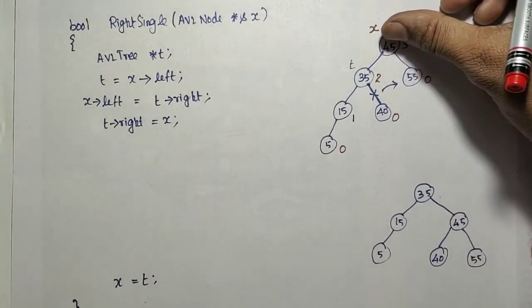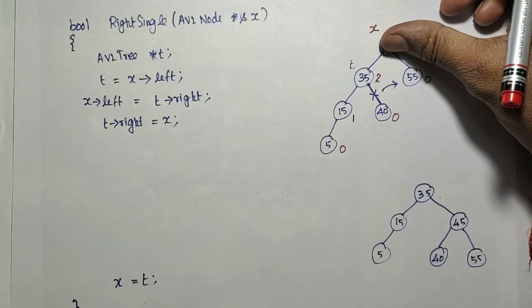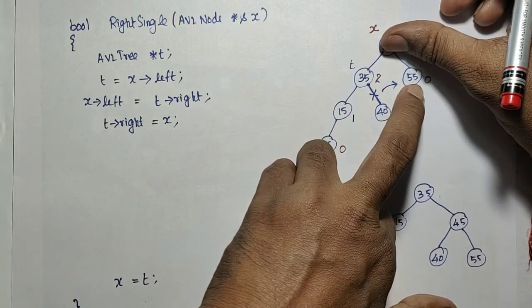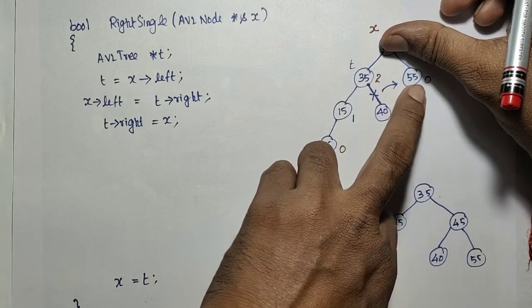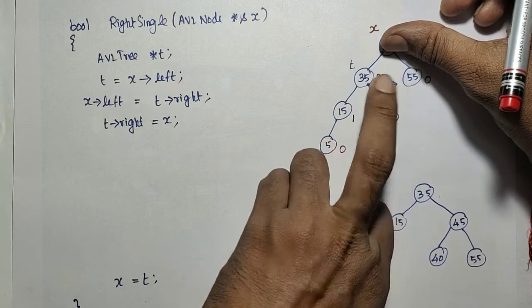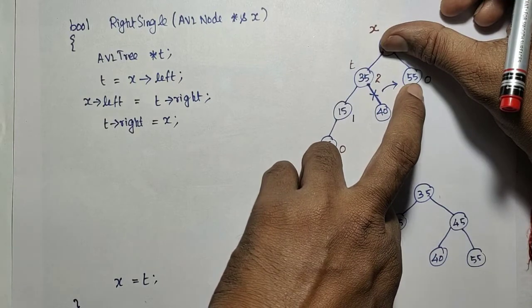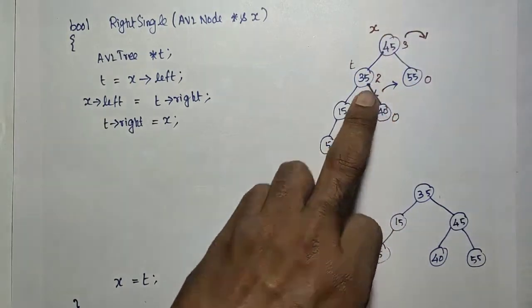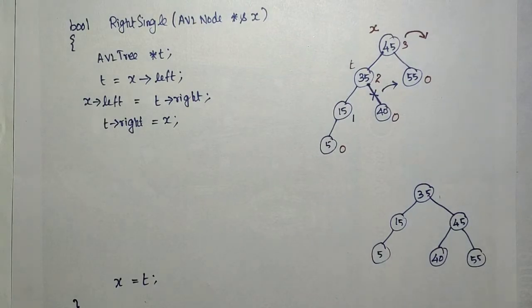To update the height of a particular node, for example here, I just take the left side node height and the right side node height. Which is the maximum between these two, plus 1, that is the height of the particular node.